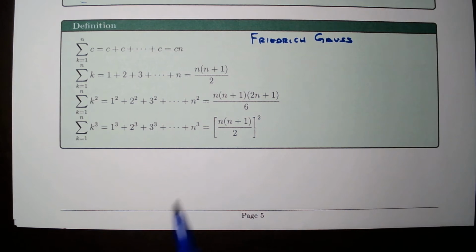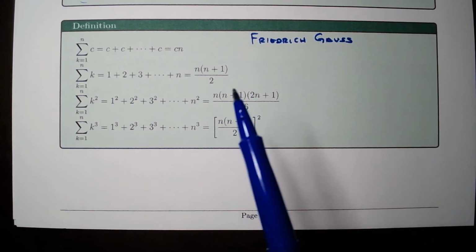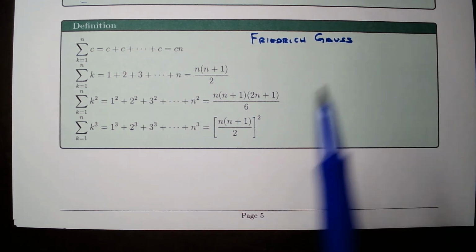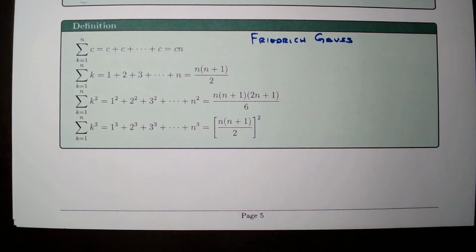When he was a kid, his father was an accountant, and when his father was doing his work, the little kid was always looking at mistakes his father was making. Back in the day, in the 1700s, 1800s, a father wouldn't accept from a kid that he was making a mistake.